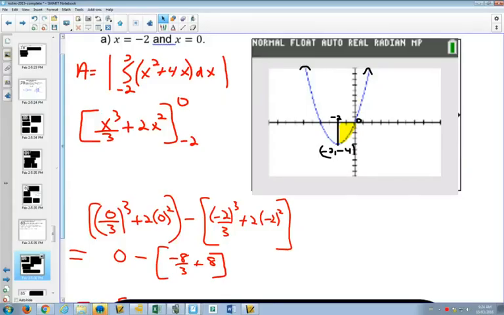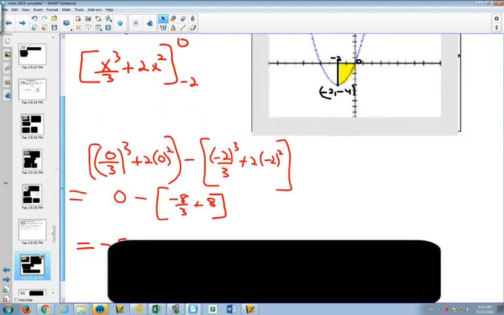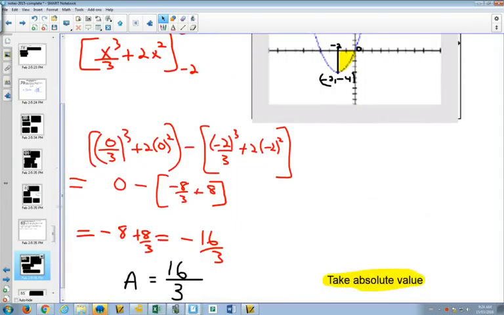So here I'm just doing the work with the definite integral. You can see that we're going to get a negative answer. And once we get that negative answer, we can take the absolute value of it to say that the actual area is 16 over 3. But if you would do this one on your calculator, you would come up with a negative area.